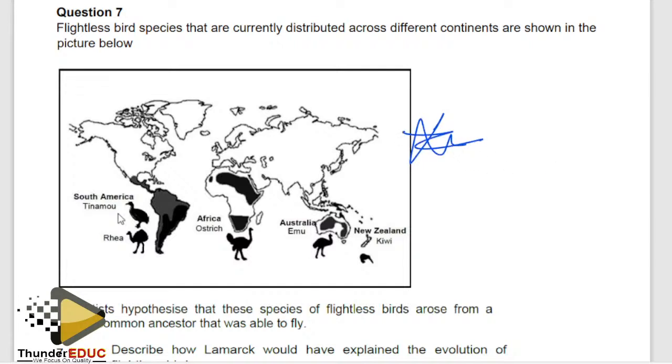Why should you use giraffes when they said flighted birds? Don't use giraffes. Use what is given in the question. Yes. All right. Let's start.